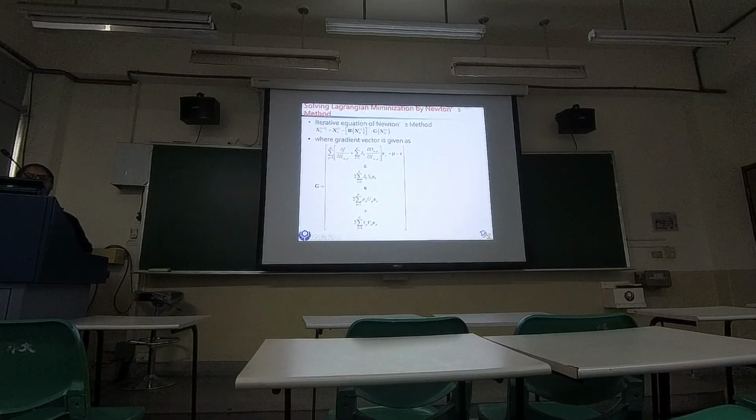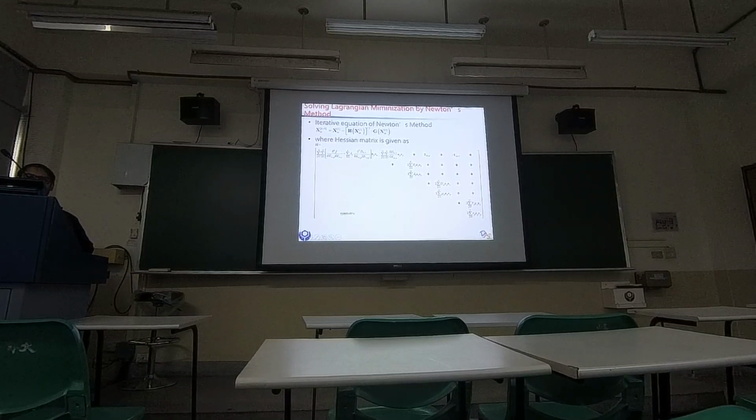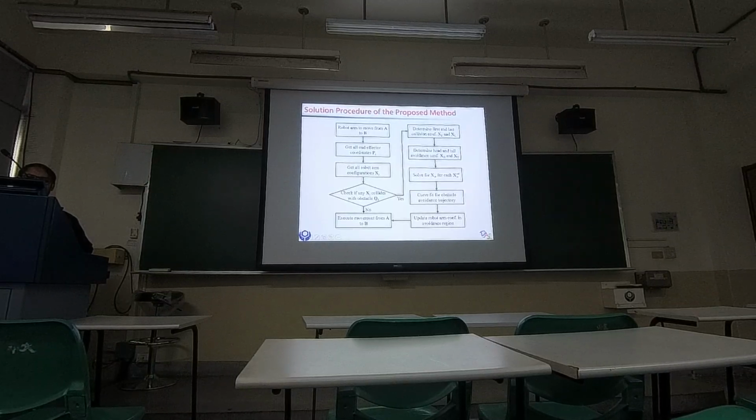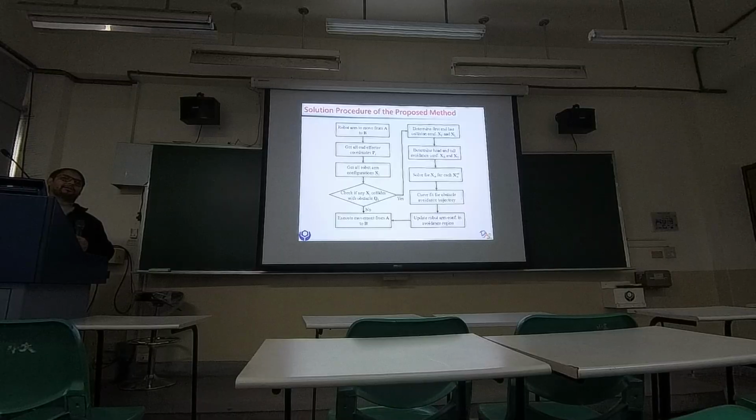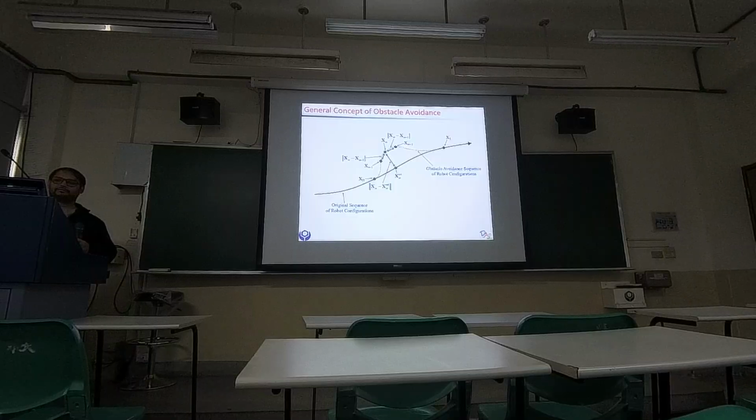Finally we iterate with Newton's method, solving the Lagrangian minimization by Newton's method, where we use the gradient vector and the Hessian matrix given by H. That was the optimization process for optimizing the multiple new points, all the three new points which we have seen here: xm, xm minus 1 and xm plus 1, and this was our original point.